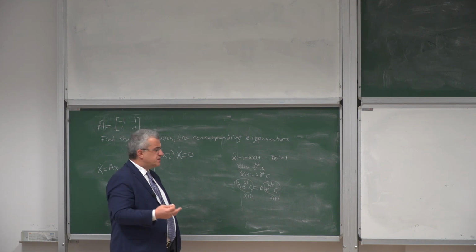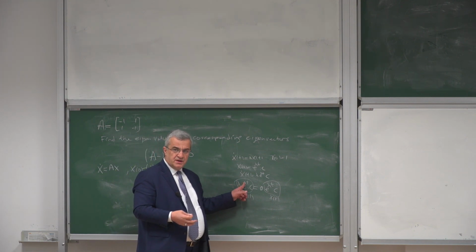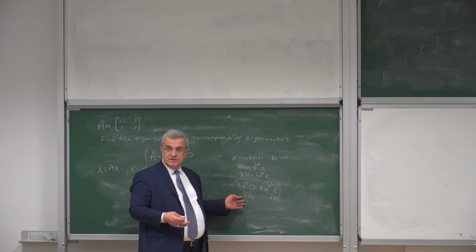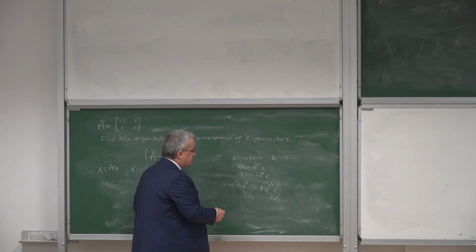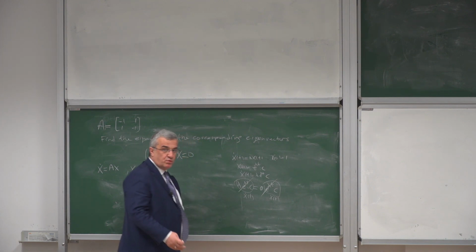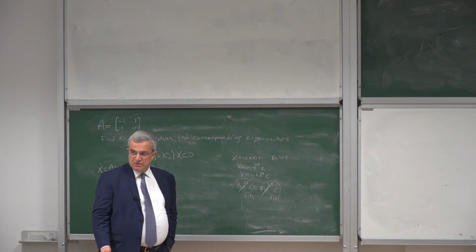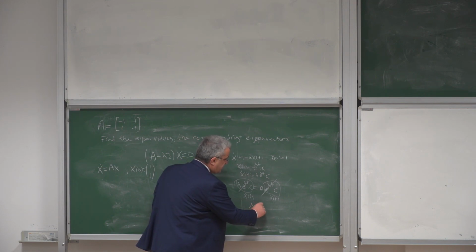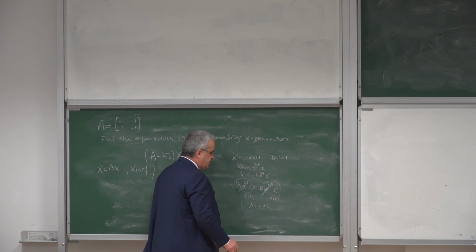We are asking, can you find a lambda and c such that when you substitute in the differential equation, it will satisfy it? So what did we find out here? e to the lambda t is common in both sides. Since it is always greater than 0, you can cancel it. Then you have lambda c is equal to Ac.